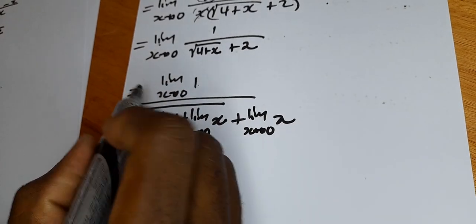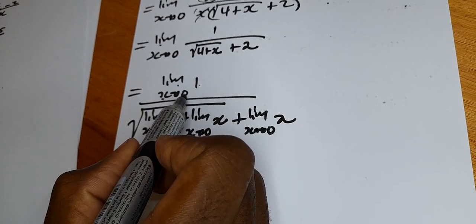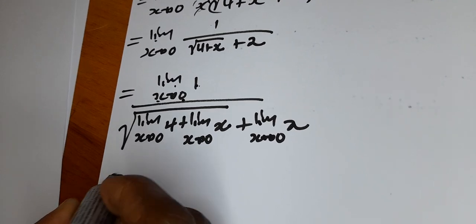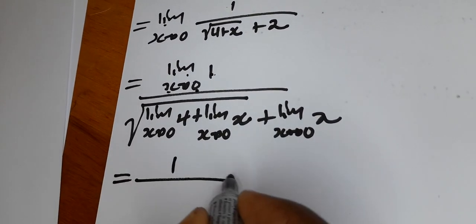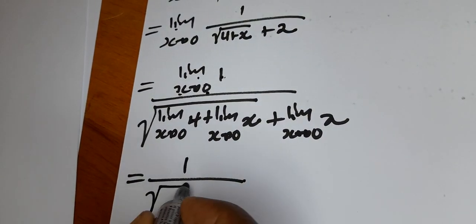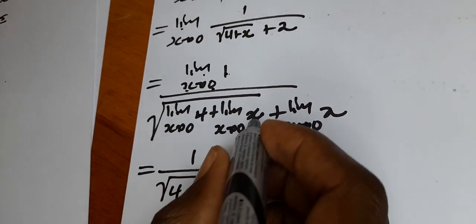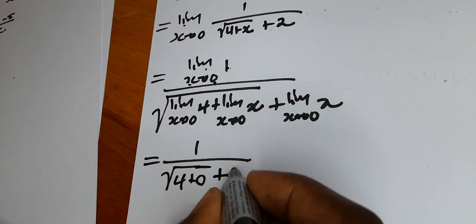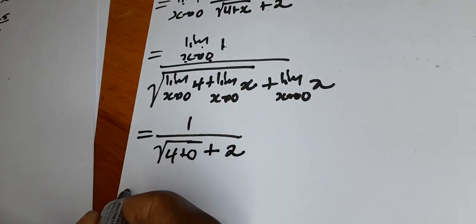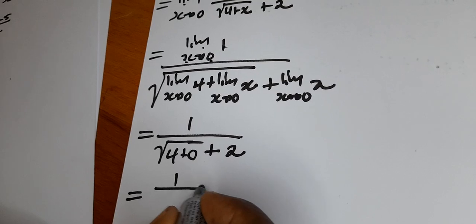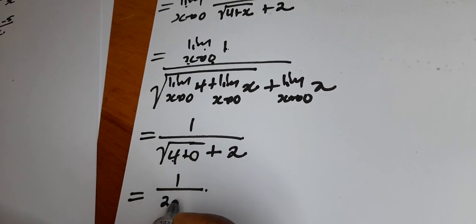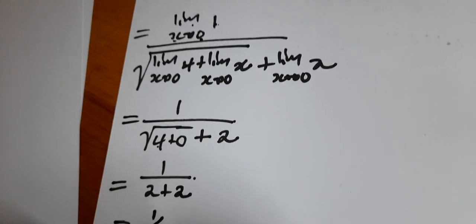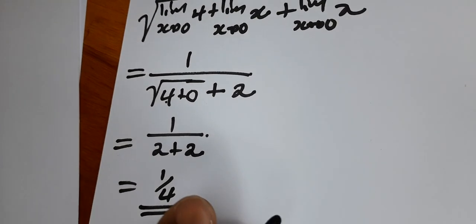Now a limit of a constant will remain that constant. Then this will be equal to 1 all over the square root of 4, and here we substitute our 0, plus 0, then plus 2. This is equal to 1 all over, the square root of 4 is 2, plus 2. This is equal to 1 over 4. Then this is your answer.